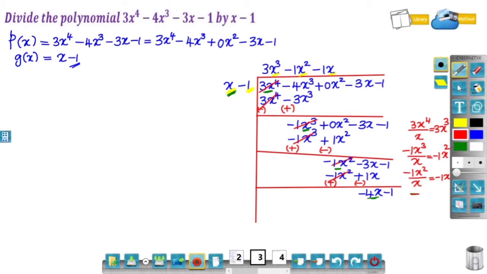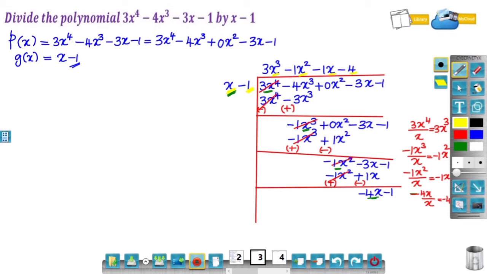Now again, divide the first term by the first term. Minus 4x by x is minus 4. Write minus 4 in the quotient. Now multiply x minus 1 by minus 4.